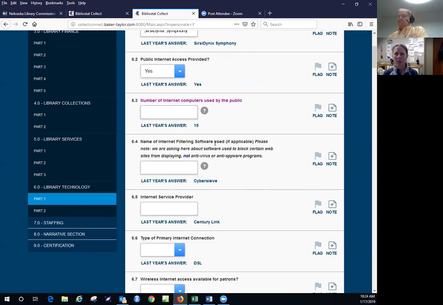I have another question. Yes. In our kids department, we have a set of Launchpad tablets. They are not connected to the internet. They're a closed device, and they don't circulate out of the building, but kids can use them in the building.